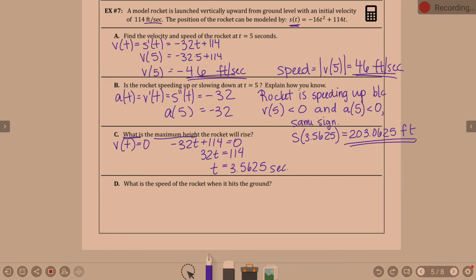Okay. And lastly, what is the speed of the rocket when it hits the ground? What do we need to do here? When does the rocket hit the ground?